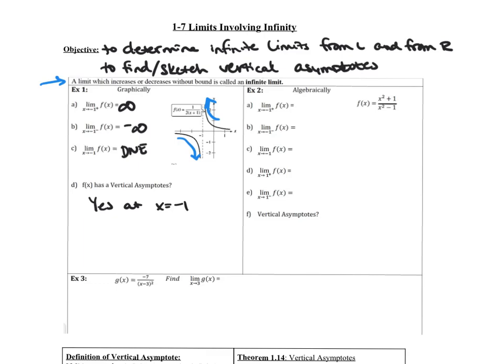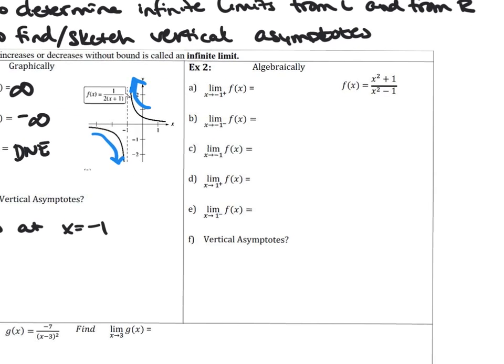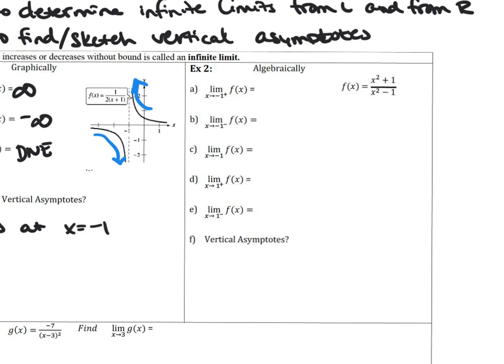Now we're going to look at our second example, but we're going to do it algebraically. So we need to think about what happens as we approach different values of x and substitute them into our function. For part A, we want the limit as x approaches -1 from the right. So what we're talking about are values like -0.9, -0.99, those types of values. If we were to substitute them into our function f of x, our numerator would be approaching 2.